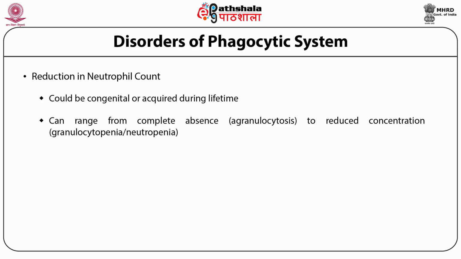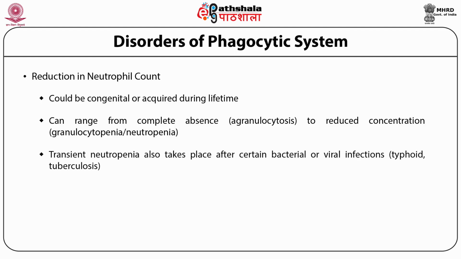The genetic defect in the myeloid progenitor stem cell may be the cause of congenital disorder or results in reduced formation of neutrophils. This can cause severe neutropenia in the affected individual. Such individuals suffer recurrent bacterial infections. Transient neutropenia also takes place amongst certain bacterial or viral infections like typhoid, tuberculosis, etc. However, the neutrophil count becomes normal once the infection clears.